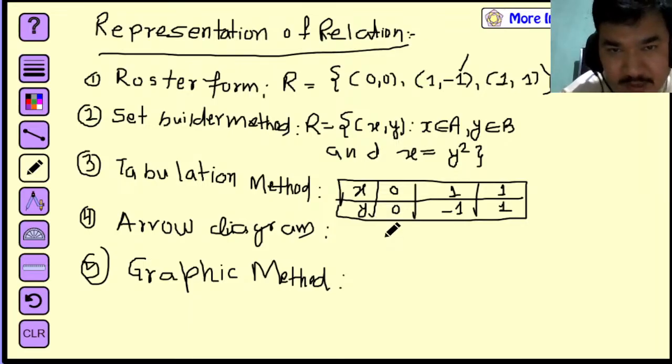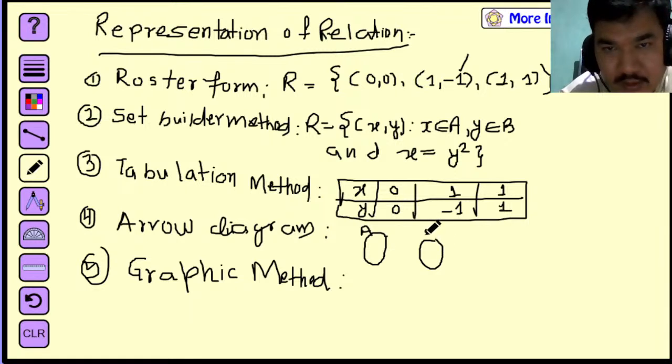And when you show it in a mapping diagram, we show them in this balloon shape figure, where A is this and B is here.